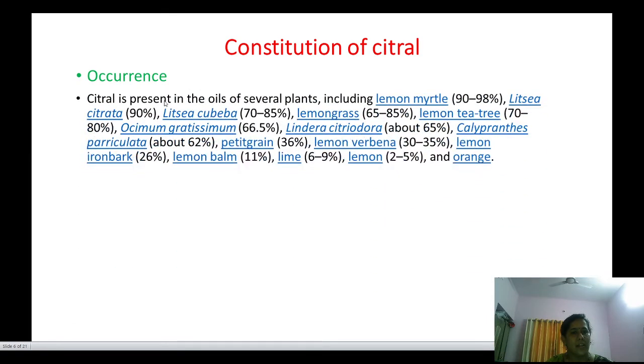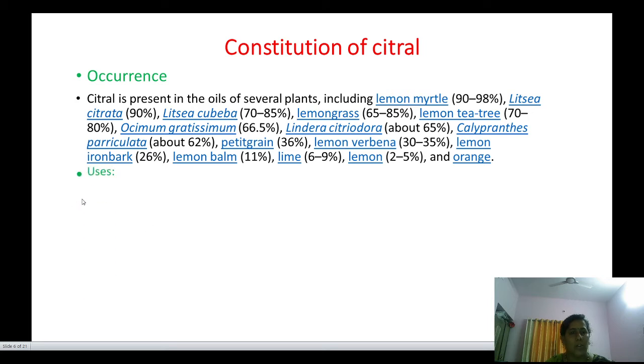Citral is present in the oils of several plants, including lemon myrtle 90 to 98%, Litsea citrata 90%, Litsea cubeba 70 to 85%, lemongrass 65 to 85%, lemon tea tree 70 to 80%, Ocimum gratissimum 66.5%, Lindera citriodora about 65%, Calypranthes paniculata about 62%, petitgrain about 36%, lemon verbena about 30 to 35%, lemon ironbark about 26%, lemon balm 11%, lime 6 to 9%, and lemon 2 to 5%, etc.